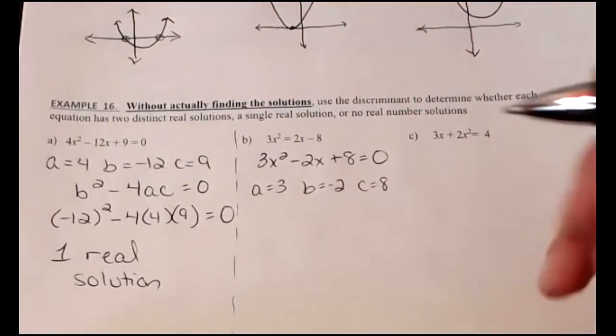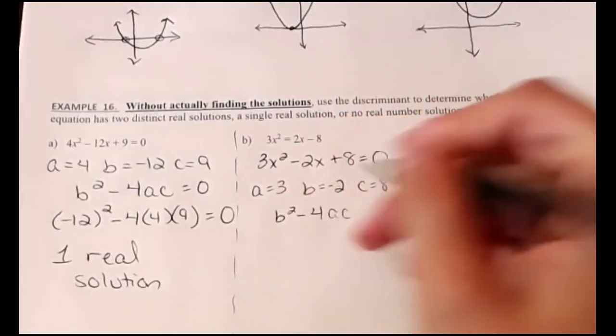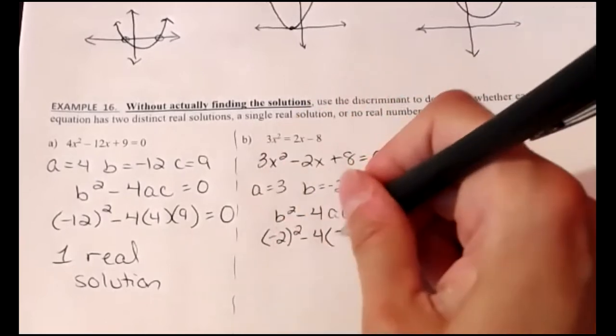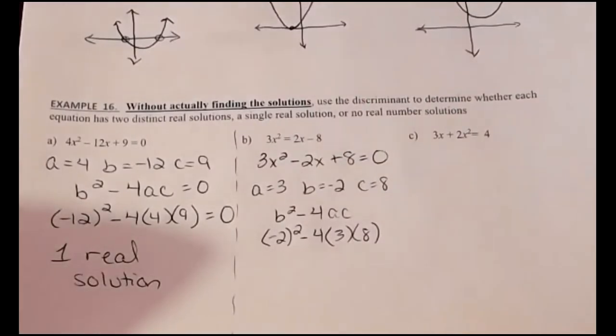Let's plug it into b squared minus 4ac. B squared minus 4ac. B is -2. Minus 4 times a is 3 and c is 8. Same thing, we can go through the process of punching this into our calculator. -2 squared minus 4 times 3 times 8.